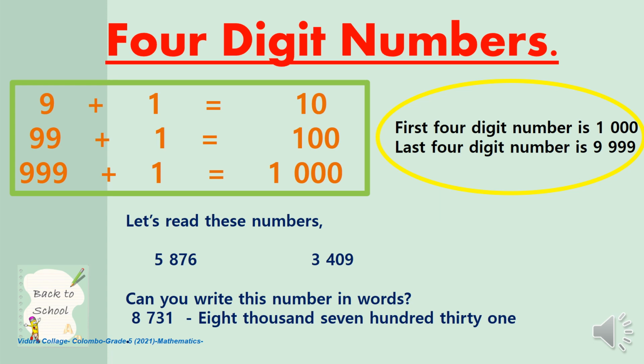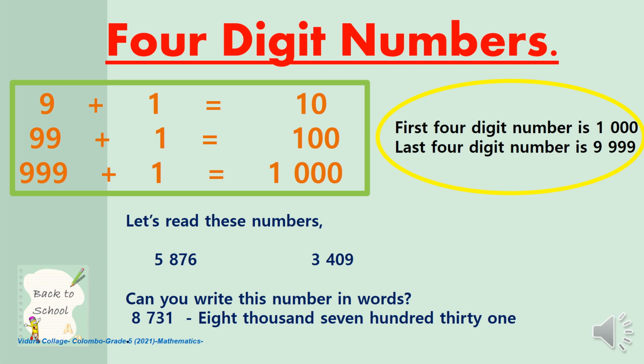So 999 is the last 3-digit number. Once you add 1, you get a new number which is 1000, where you have 4 digits. The first 4-digit number is 1000 and the last 4-digit number is 9999. You have 4 nines together to make the last 4-digit number.